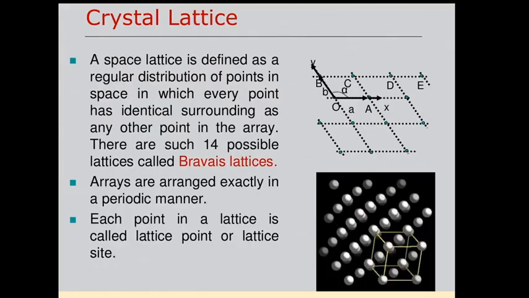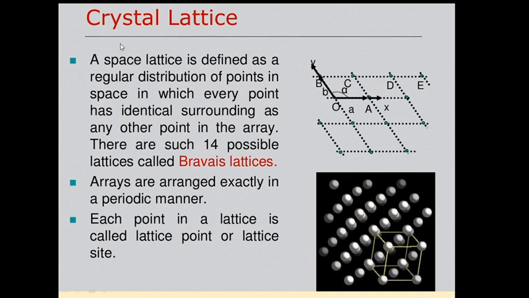Crystallite lattice. A crystallite lattice is basically a space lattice, which is defined as a regular distribution of points in a space in which every point has an identical surrounding as any other point in this array.